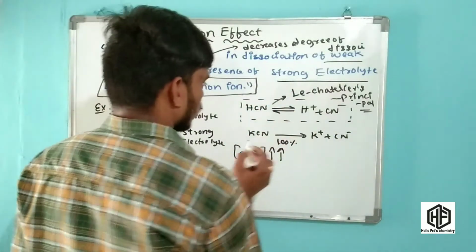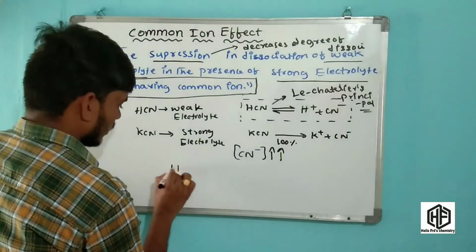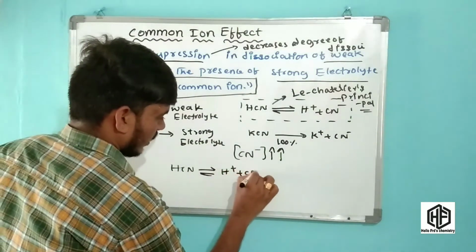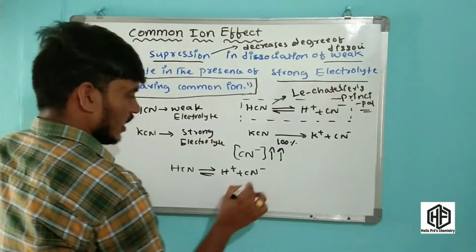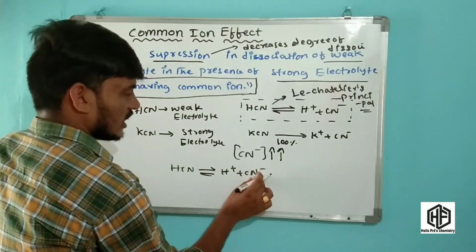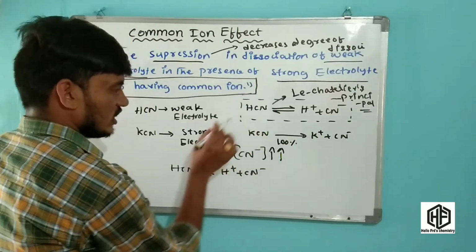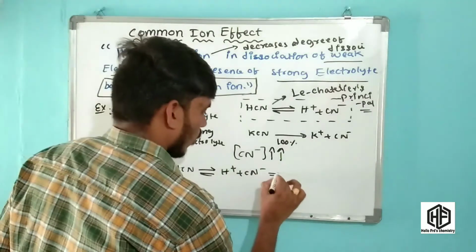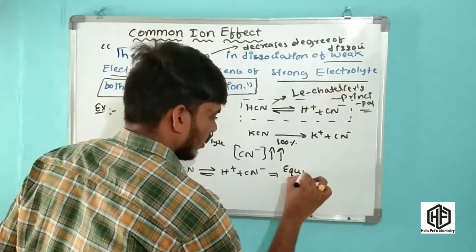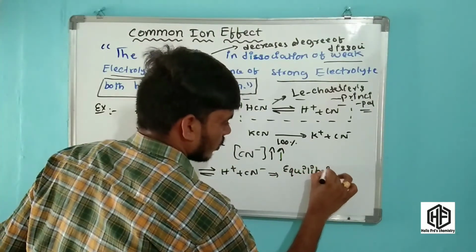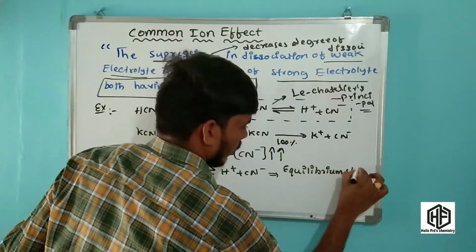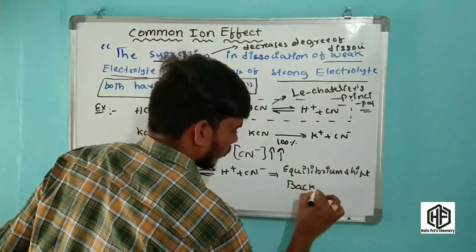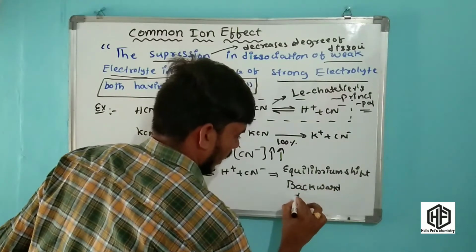The weak electrolyte HCN gives H plus and CN minus ions, but when CN minus concentration increases on adding KCN solution, the equilibrium shifts in the backward direction.